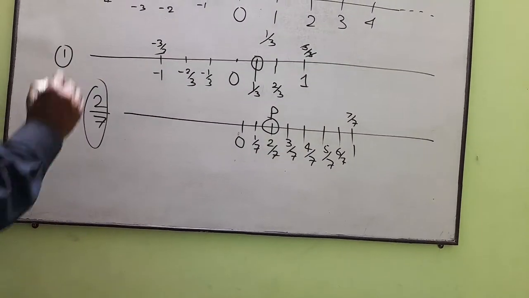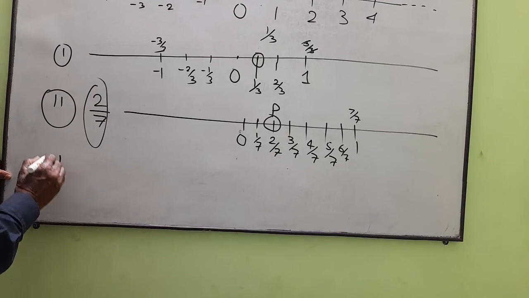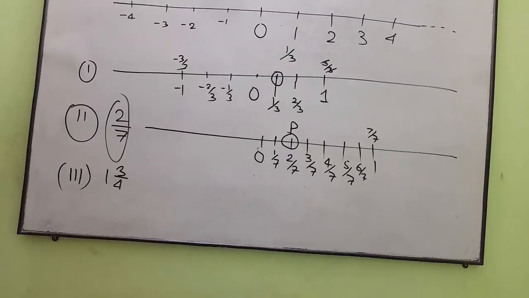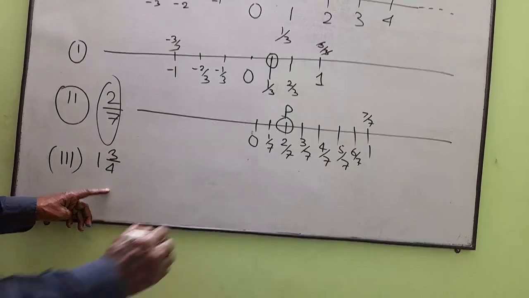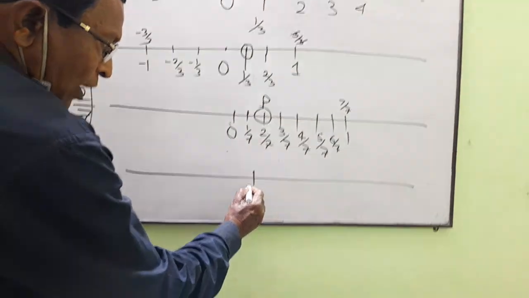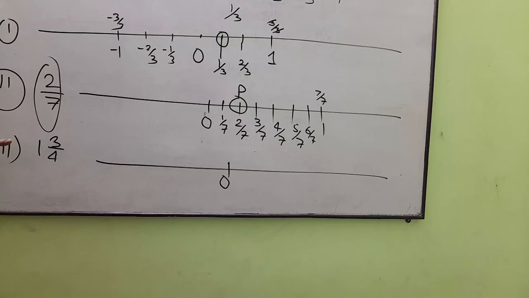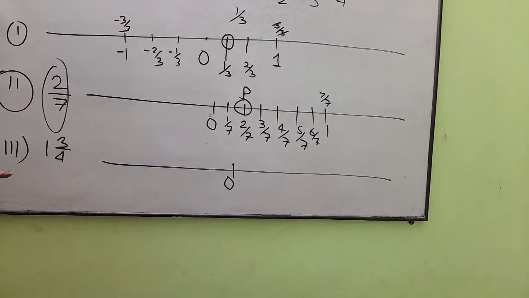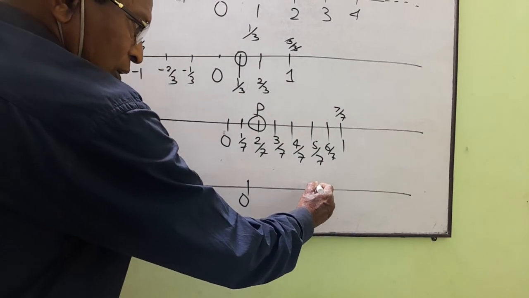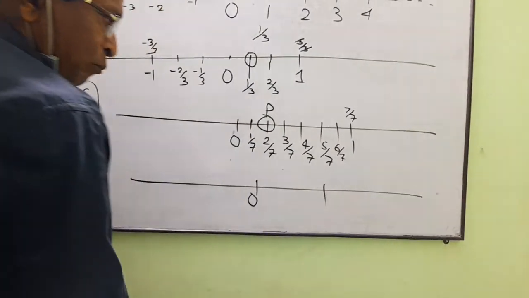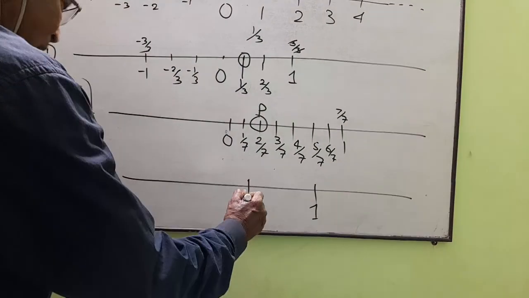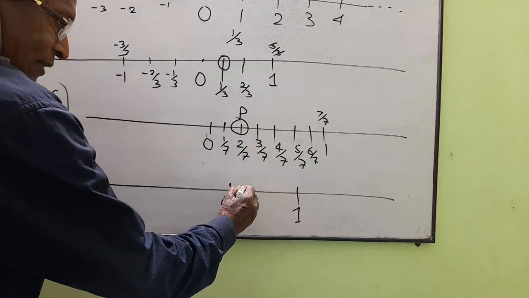Next, third is 1 whole 3 by 4. Not to worry here. You represent the origin 0 and you divide the number line in such a way that the 1 is represented by 4 equal parts.